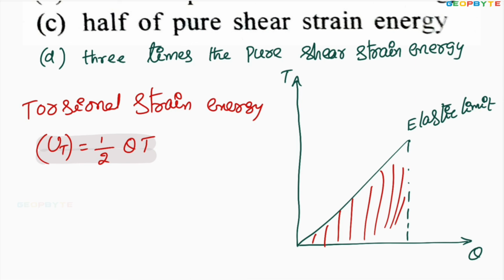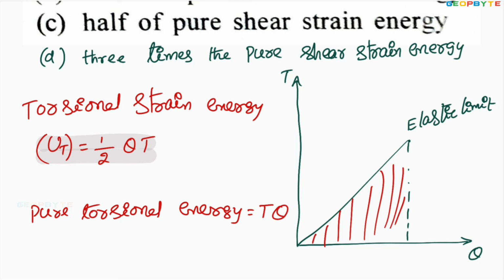Whereas the pure torsional energy is equal to torque multiplied by angular twist.